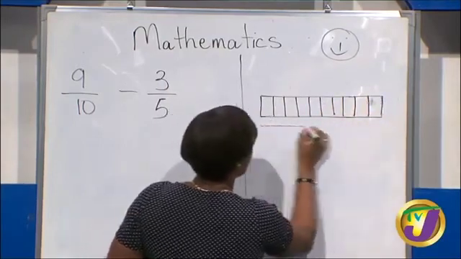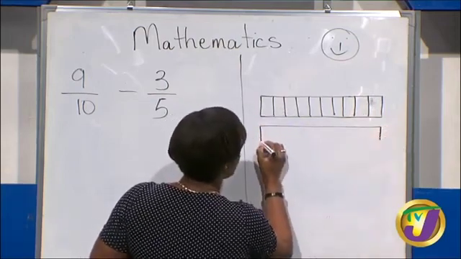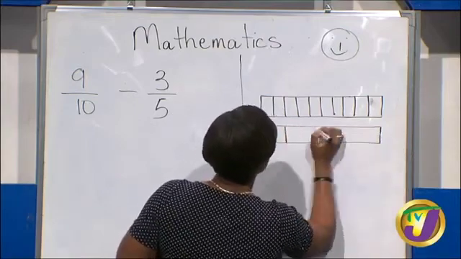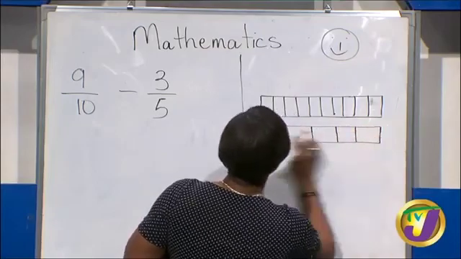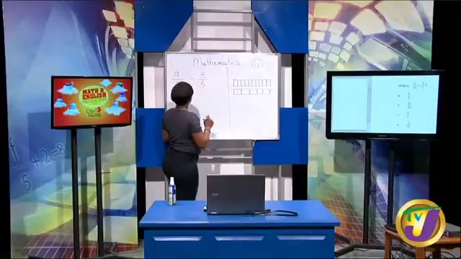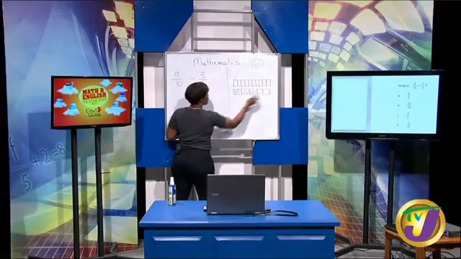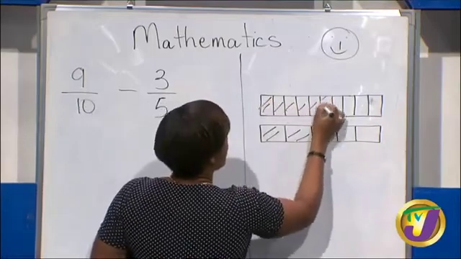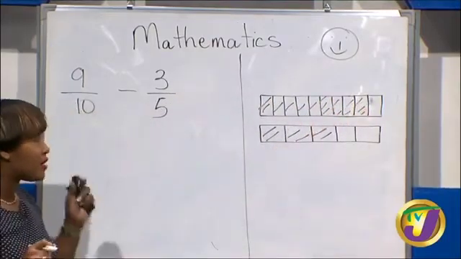Because when you're subtracting fractions, they must be talking about the same whole. So this whole has been cut into 5 parts. I have 3 out of the 5, and the first time, I would have had 9 parts out of the 10 parts.